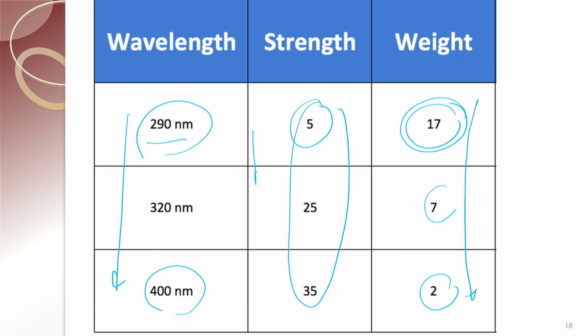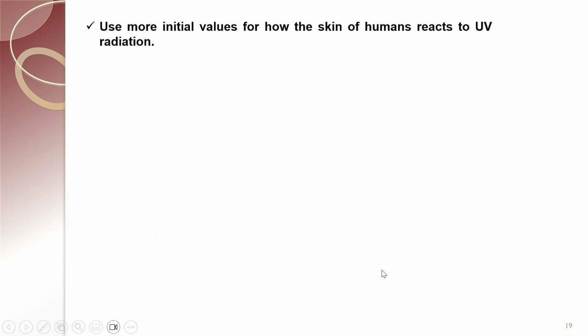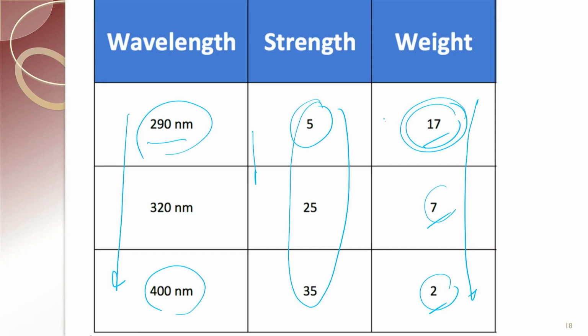This may vary with the different agencies, but the trend is true. It is based on how the skin of humans reacts to the radiation, and based on that the weightage is given.